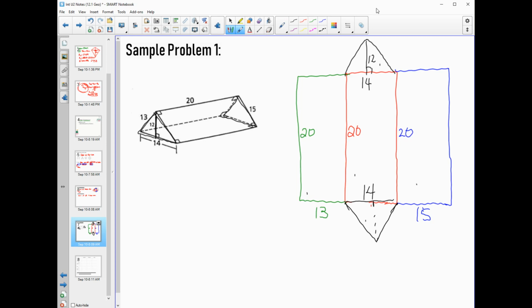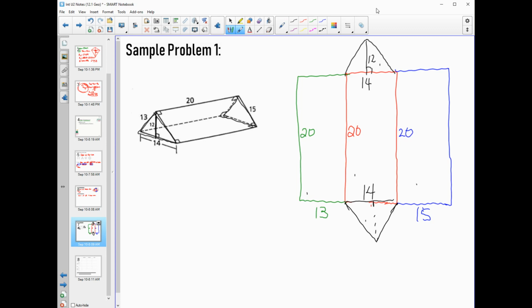Find the area of each, add it all together. Or what we want to do is come up with a formula that allows us to find the area of any prism, right? That has two bases and a lateral area.